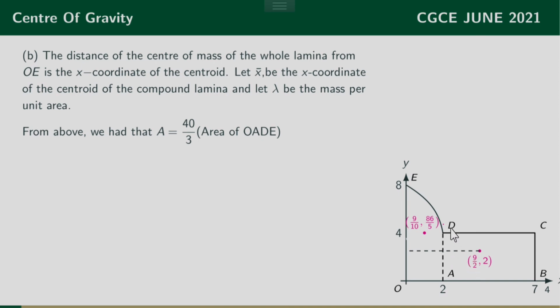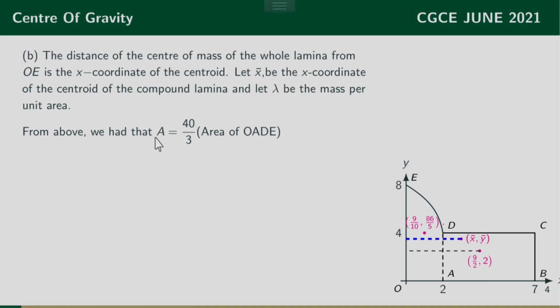Now, let me assume that the center of mass of the whole lamina is somewhere here, and that should be x bar, y bar. But we are looking just for the x coordinate of this center of mass and not the y coordinate. So I will concentrate on the x coordinate of the center of mass and ignore the y coordinate.